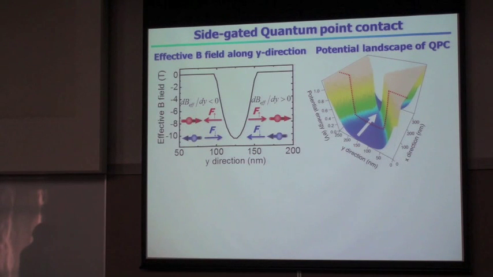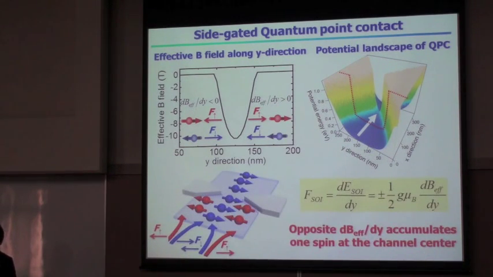And the important point in this structure is that the sign of the effective magnetic field gradient is opposite for the left side and the right side. And this makes an interesting spin polarization mechanism, because the sign of this term is opposite for the left and right sides, so for one electron spin, the spin-dependent force acts in the opposite direction on the left side and the right side.